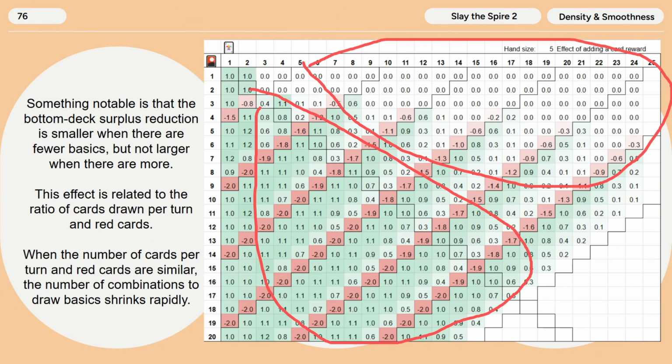I think it is notable that there are these two modes here. One where the cycle deficit, the bottom deck effect, is minimized by having a really high quality deck. And players like to end up in that space where they can add cards to their deck freely, knowing that it's not going to cost them very much because their deck is already highly powered and highly tuned.